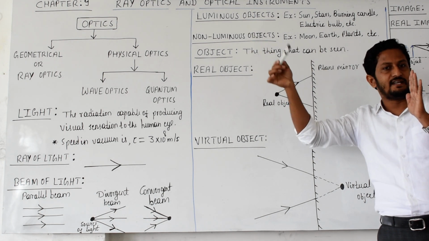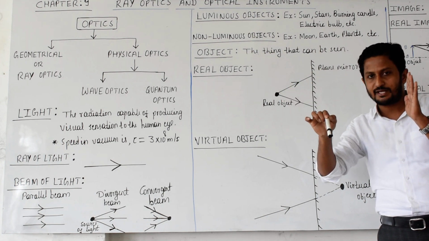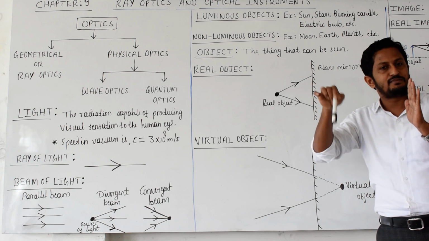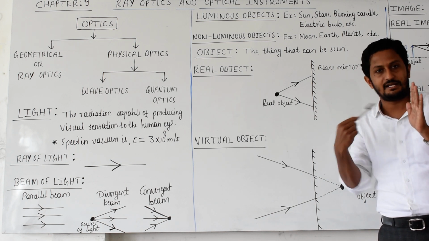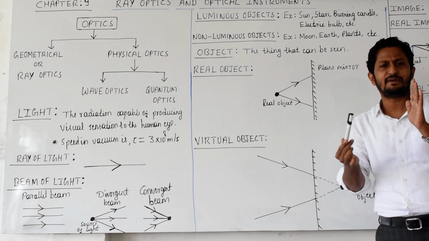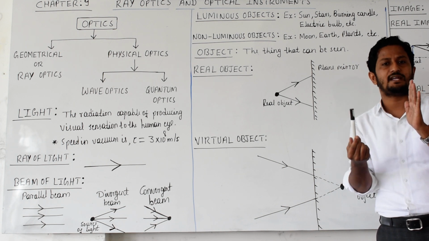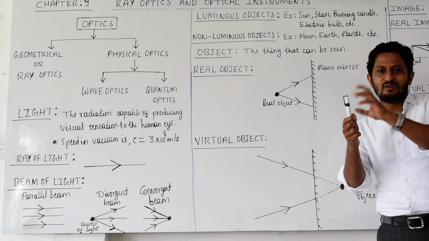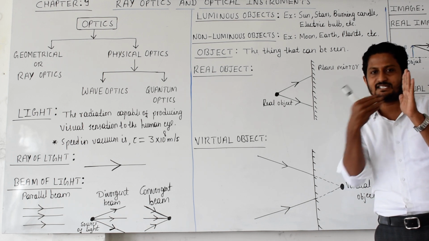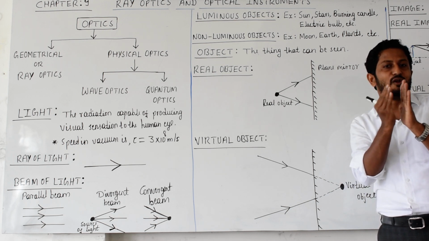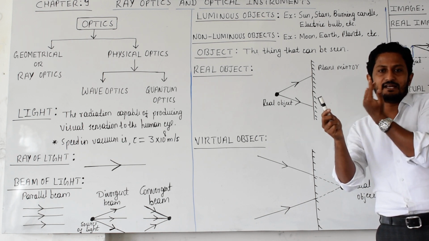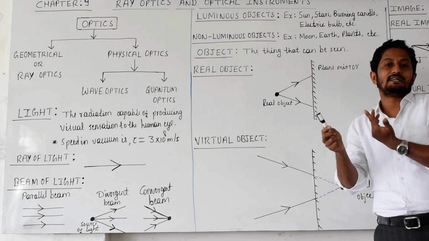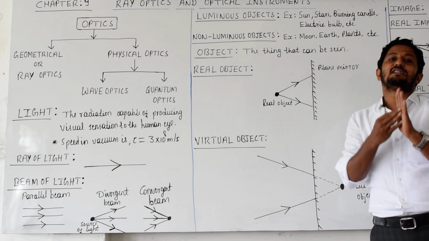From the sun, light rays are coming and falling on your body. Your body absorbs all those light rays and re-emits them in all directions. Some few light rays come in this direction and are going to fall on that mirror.